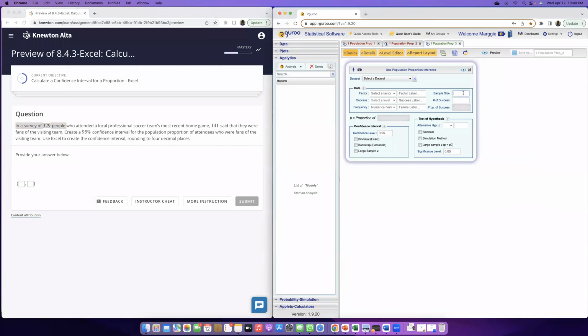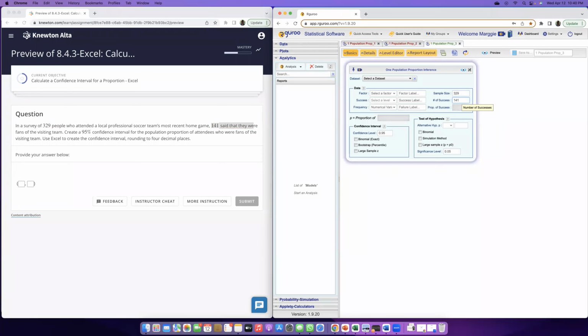329. So that's the sample size. From those 329, 141 responded yes to being fan of the visiting team. So then 141, it's the number of successes of whatever it was that I was interested in observing.